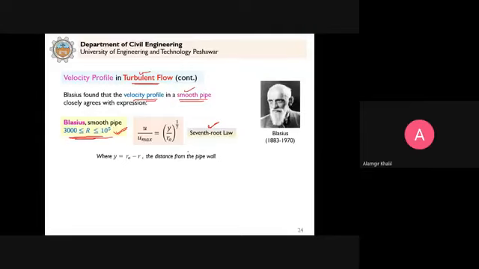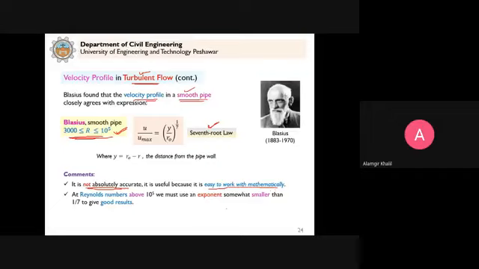But this equation has some problems. What is that? Number one, it is not absolutely accurate as compared to the logarithmic velocity profile, and you saw experimentally also that if you use this formula, it's not absolutely accurate, but it is easy to work with mathematically.